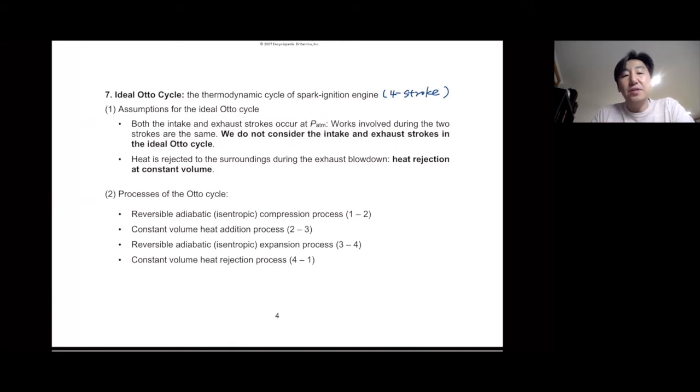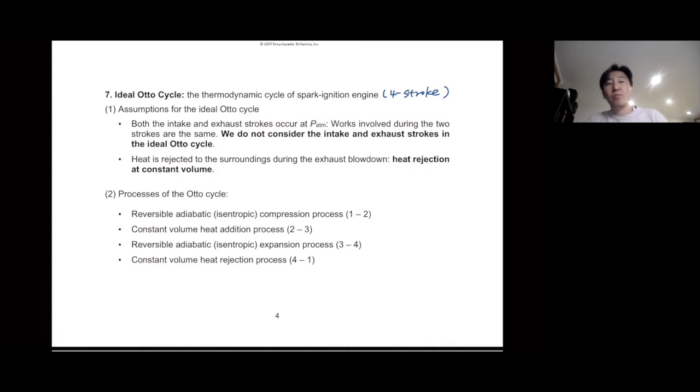The second assumption is that instead of thinking about the exhaust blowdown process, which involves air flowing out of the engine, we assume that this exhaust blowdown can be replaced by a heat rejection process. While air is still inside the engine, there is only heat rejection at constant volume. So this is heat rejection at constant volume.